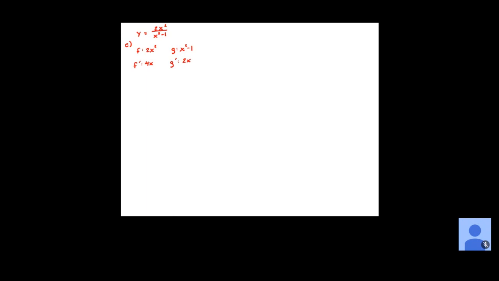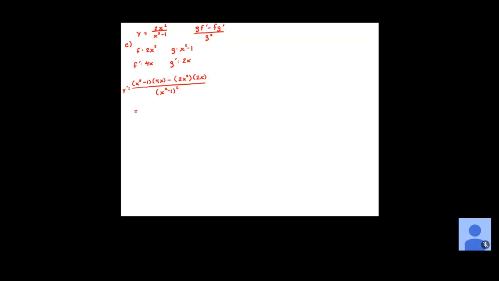All right, so then remember, this is going to be g f prime minus f g prime all over g squared. So when we do that, we'll have x squared minus 1 times 4x minus 2x squared times 2x all over x squared minus 1 squared. And this is first derivative y prime.